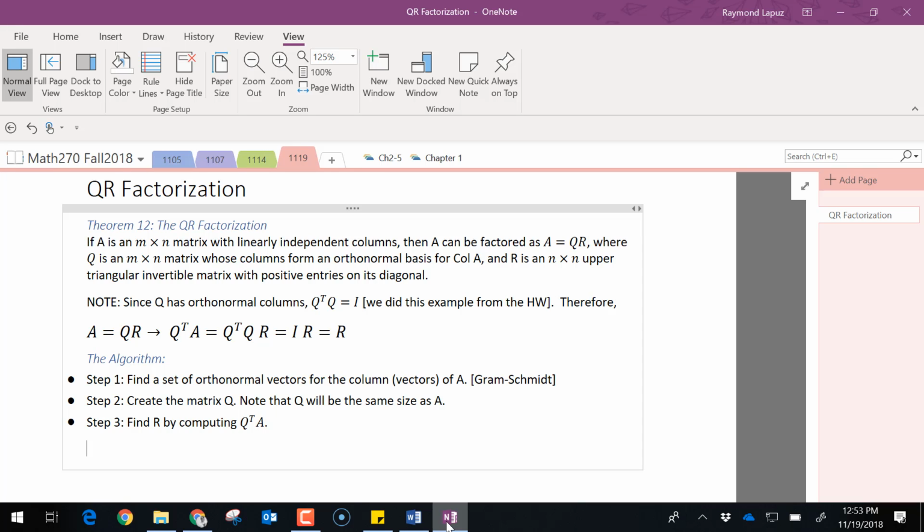And then it turns out that A can be equal to that times some other matrix R, which is an upper triangular matrix.